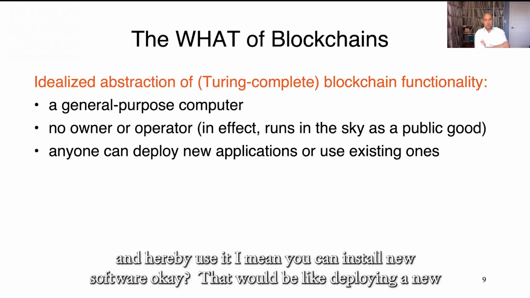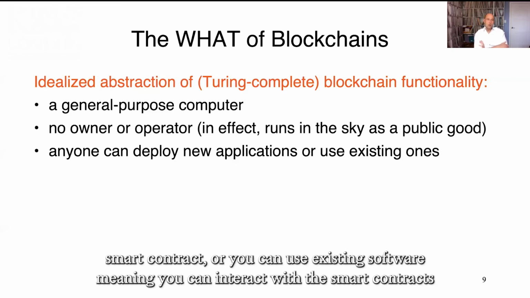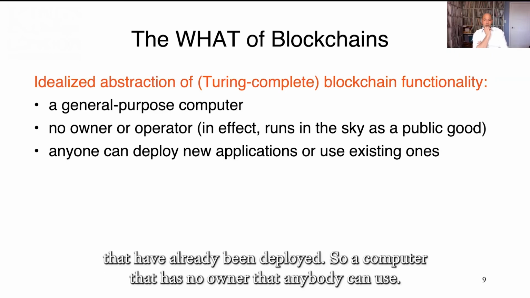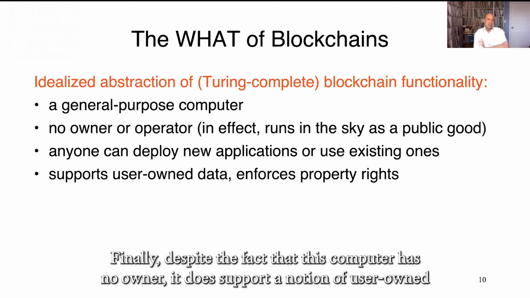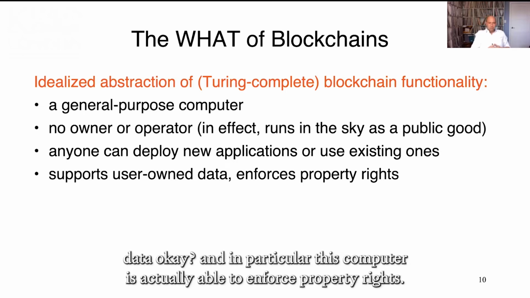And here by use it, I mean you can install new software, like deploying a new smart contract, or you can use existing software, meaning you can interact with the smart contracts that have already been deployed. So, a computer that has no owner that anybody can use. Finally, despite the fact that this computer has no owner, it does support a notion of user-owned data. And in particular, this computer is actually able to enforce property rights.